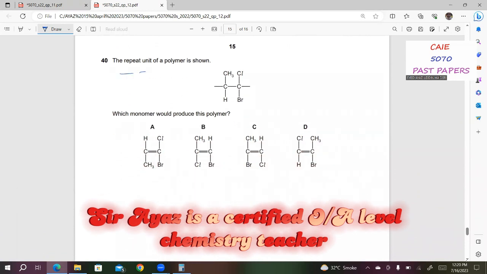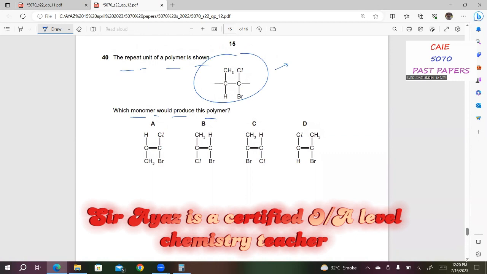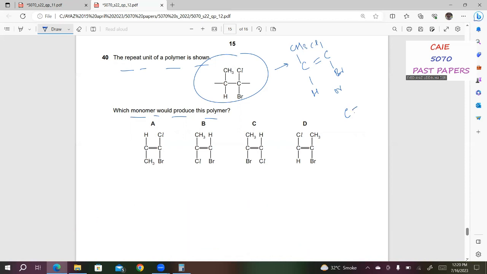Last, the repeat unit of a polymer is shown. This is the repeat unit. Which monomer would produce this polymer? So I'm going to make the monomer for this. The monomer for this one will be either this or this.